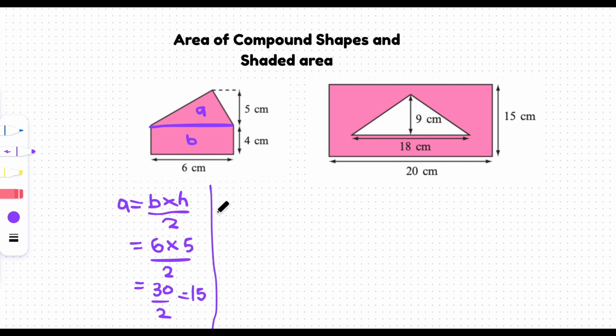Now we deal with the area of B, B being our rectangle. The area of a rectangle is length times width. Length times width. So length, that is 6, times our width, which is 4, is a cool 24.